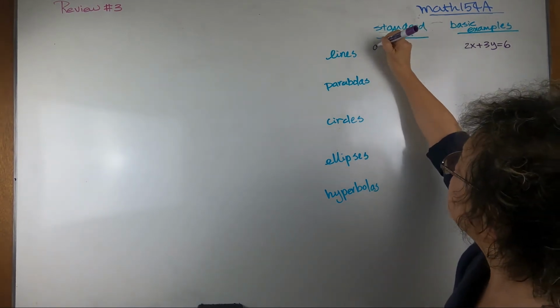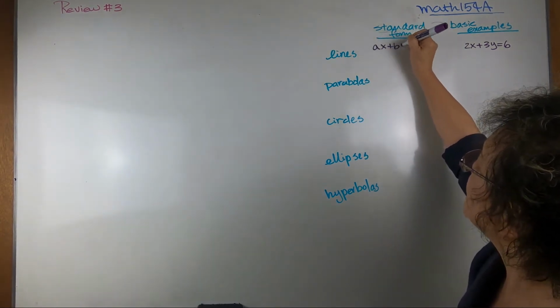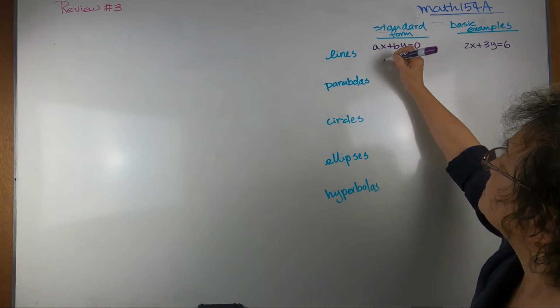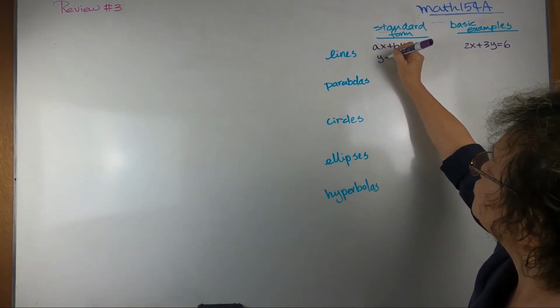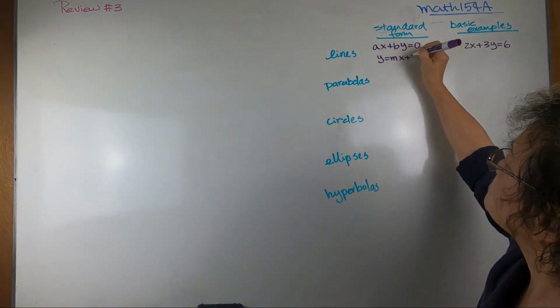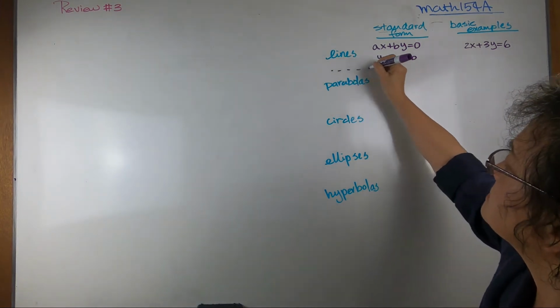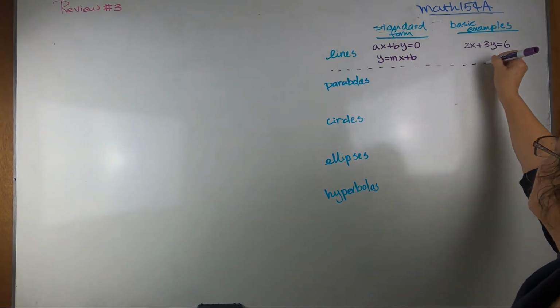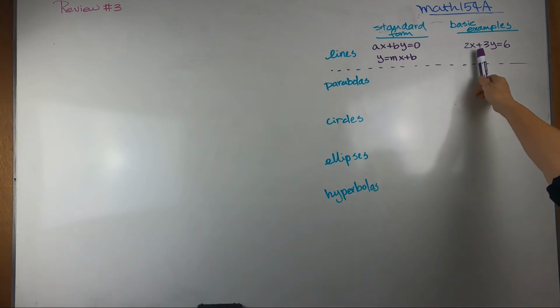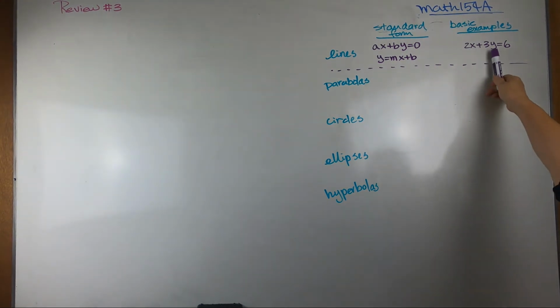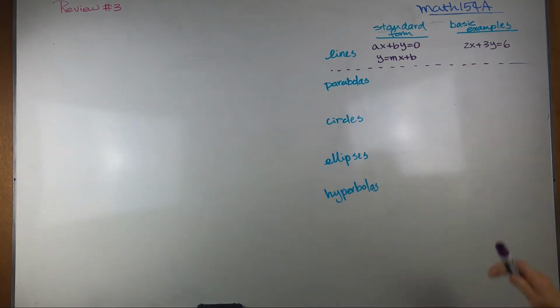You have standard form, ax plus by equals c, or you can write y equals mx plus b, right? So that's for the line. You only have x to the 1st power, y to the 1st power. So it goes straight.